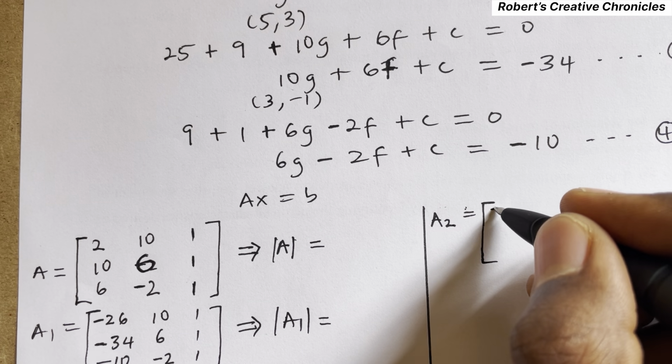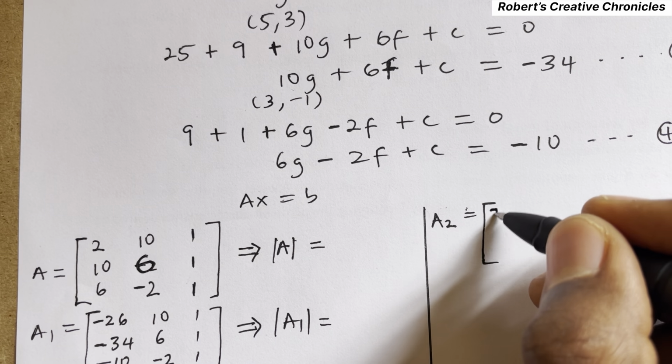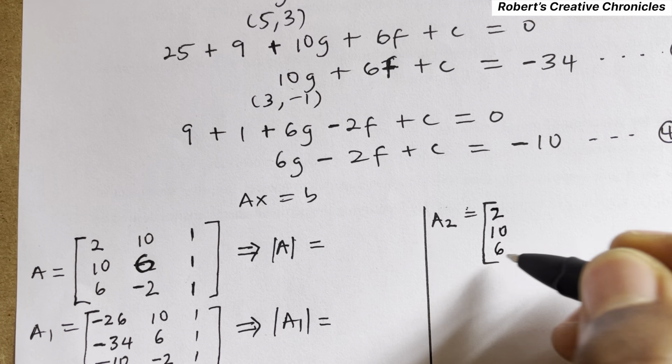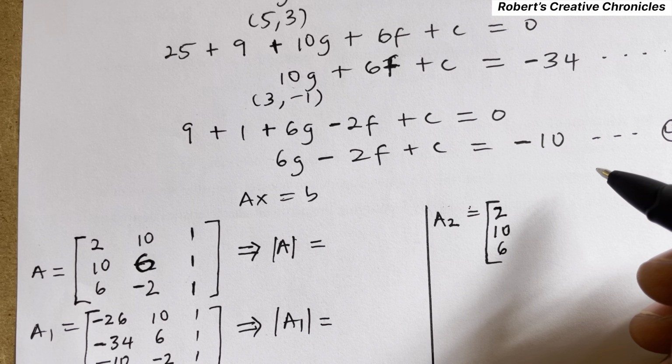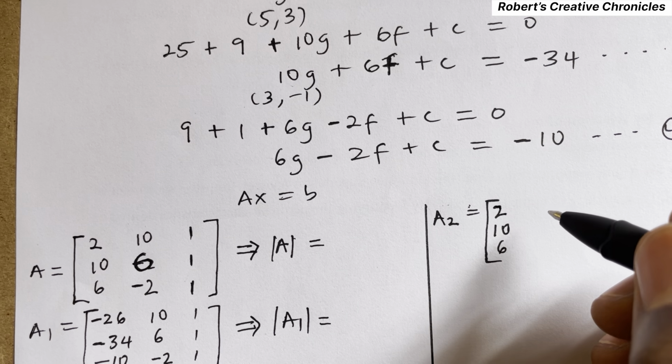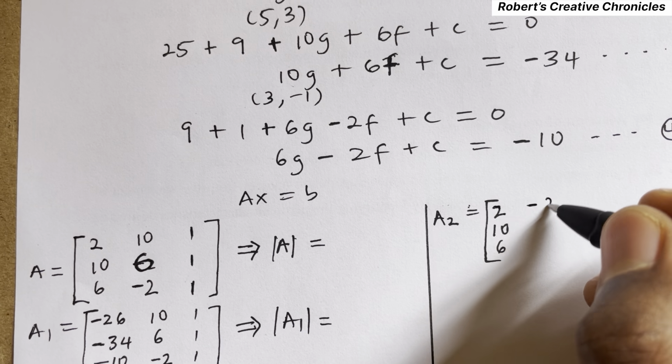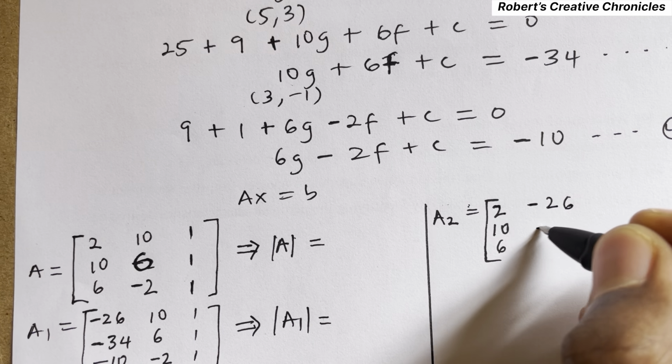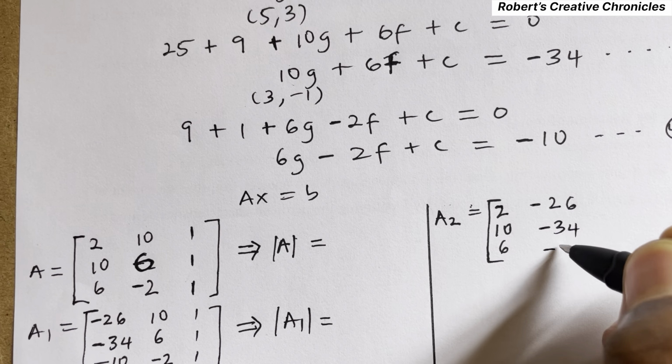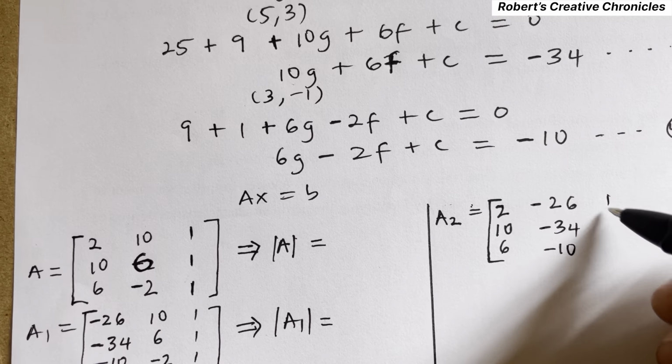So it becomes 2, 10, 6, then what again? Minus 26, minus 34, minus 10, then 1, 1, 1.